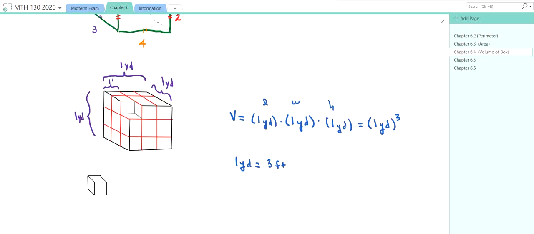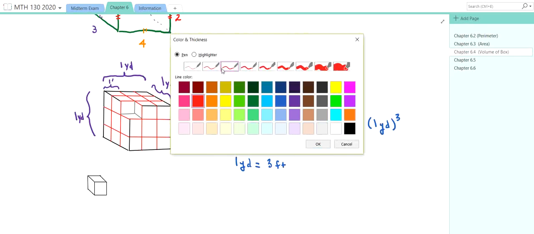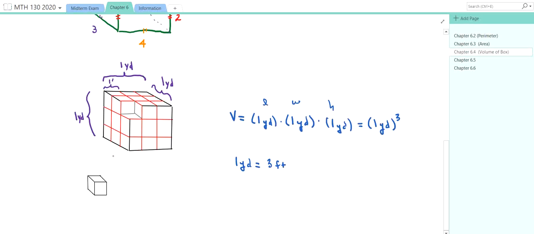All my thicknesses have changed. Pulled this block out from this portion down to here. We see that this is 1 foot by 1 foot by 1 foot. So the volume of this equals 1 foot cubed, or 1 cubic foot.